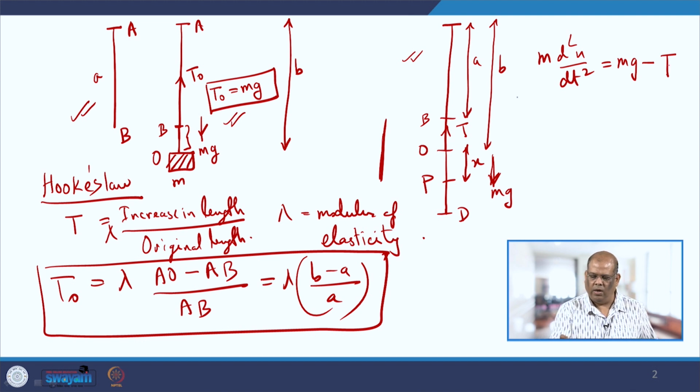Because I have pulled the string in this direction, in the direction of increasing x. So, I have to take all the force in this direction to be positive and against this direction to be negative. So, in this direction mg is positive, and against the direction is the tension, that is negative.